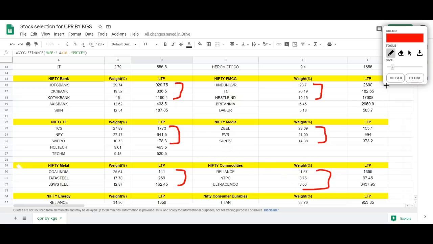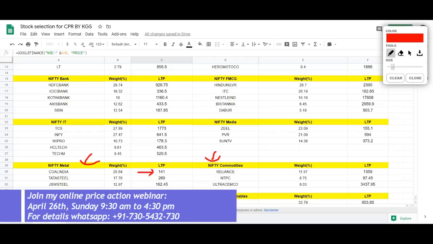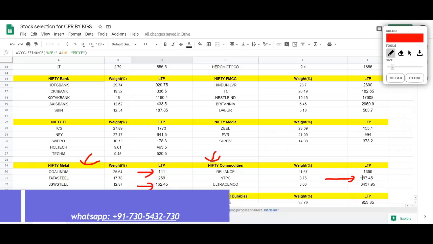Now if you look at these particular indices, Nifty Commodities and Nifty Metal, some low priced stocks will be there. You can ignore these kinds of low priced stocks.